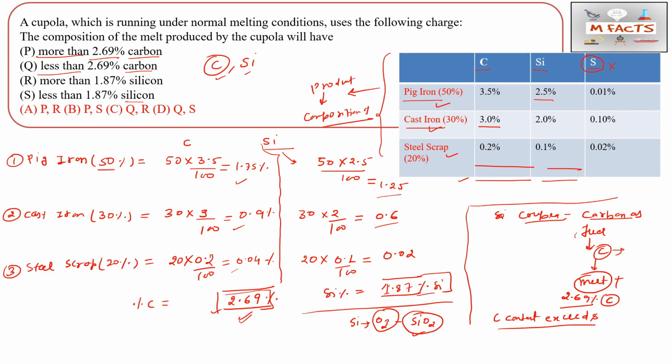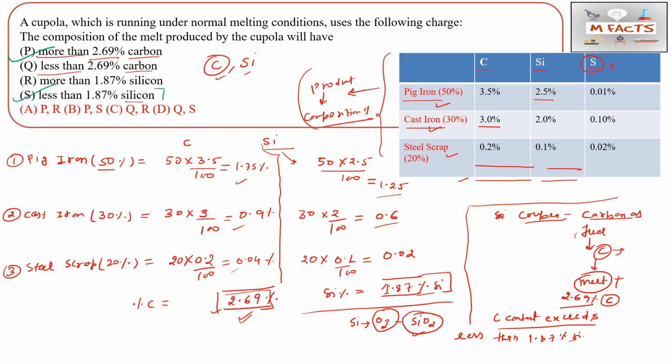We can assume that the silicon content will decrease, so we will get less than 1.87% in the melt. So the idea is more than 2.69% carbon and less than 1.87% silicon.